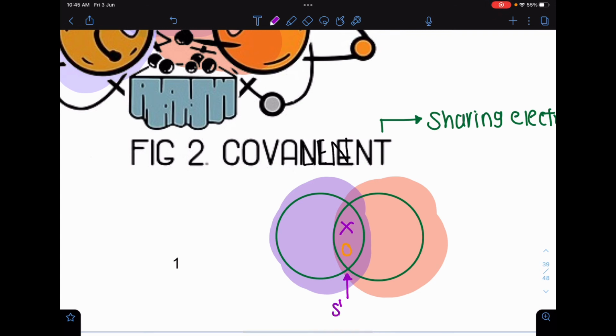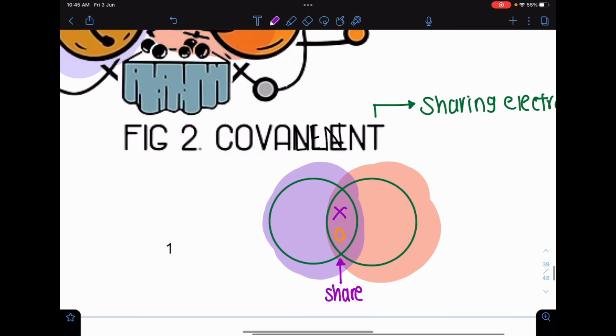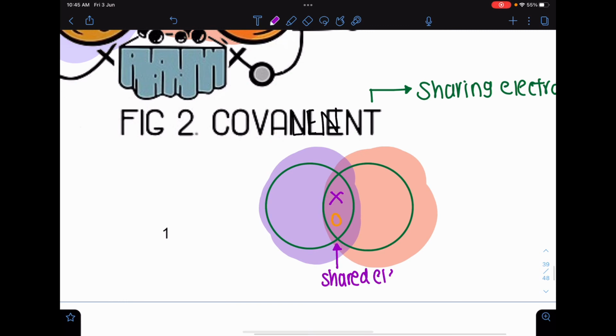This is where the electrons are being shared. Like in this diagram, you would see that the purple and the red atoms are sharing one electron each. That means they're sharing a total of 2 electrons, one electron each. So when this happens, we can say a single covalent bond is formed.